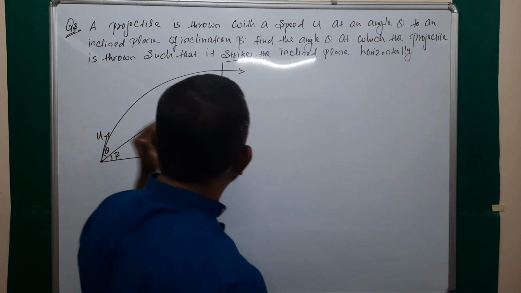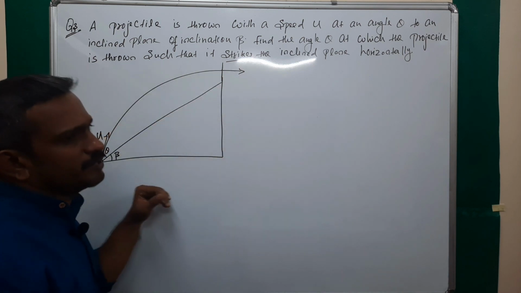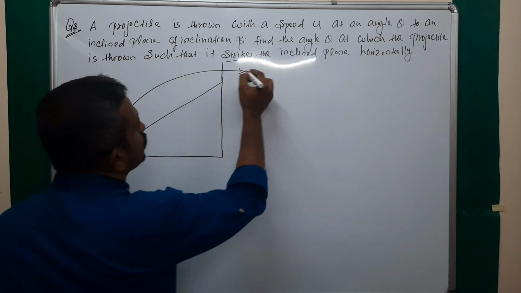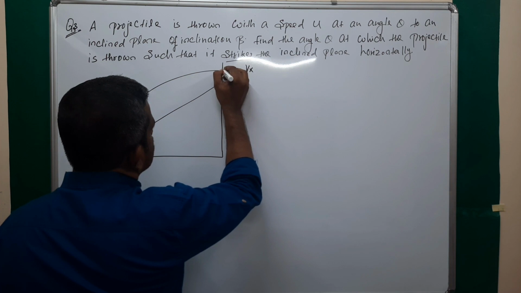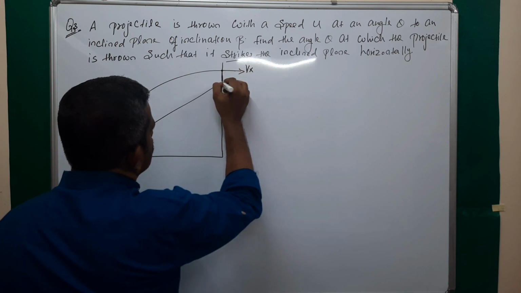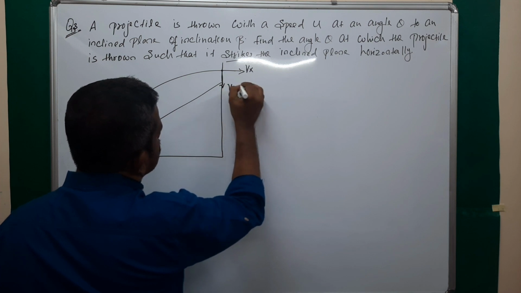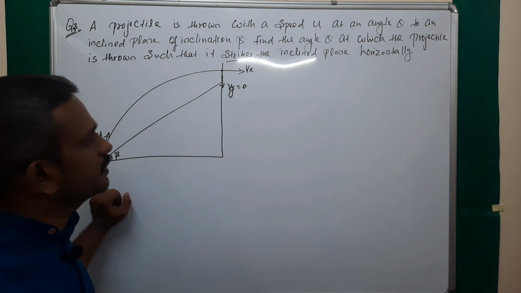Here, when it hits the inclined plane horizontally, it has only horizontal velocity Vx. Its vertical velocity is equal to 0, Vy equals 0. That is the first condition we have to understand.